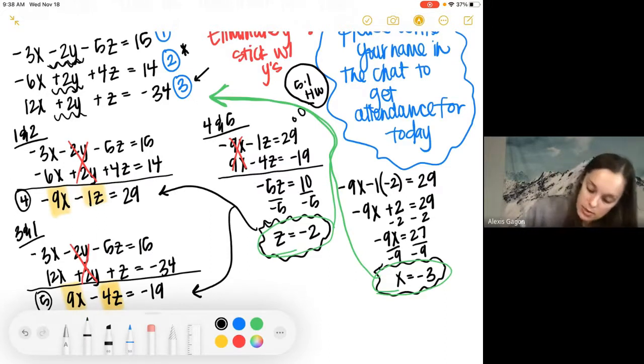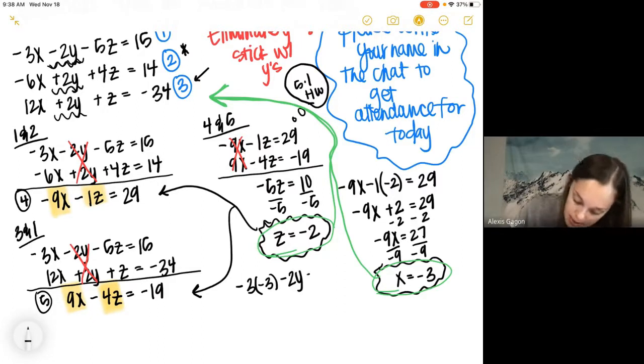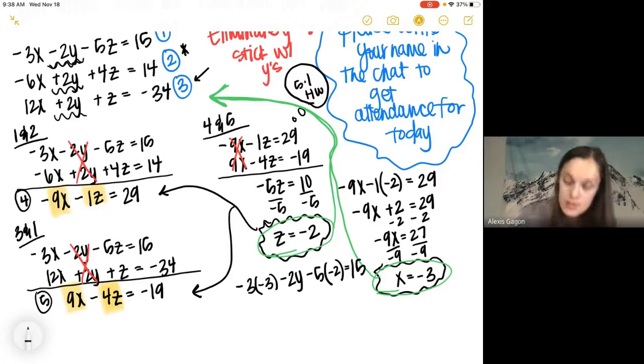So this is going to be negative 3 times x, so times negative 3, minus 2y, minus 5 times z, which is negative 2, and that equals 15. And then we can solve this equation. So negative 3 times negative 3, that's a positive 9.